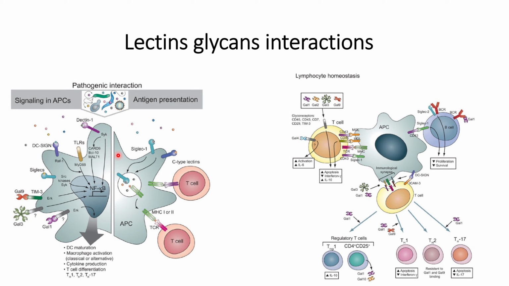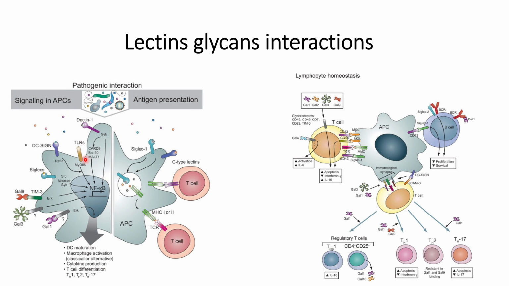The other Siglecs can activate intracellular signaling pathways such as SRC kinase and SYK, which will help in the upregulation of NF kappa B. There are other receptors that will also upregulate NF kappa B, and that will help in the maturation of antigen presenting cells, and at the same time help in T cell differentiation and macrophage activation, such as T cell differentiation into Th1, Th2, and Th17.